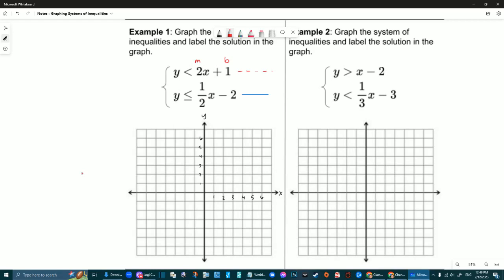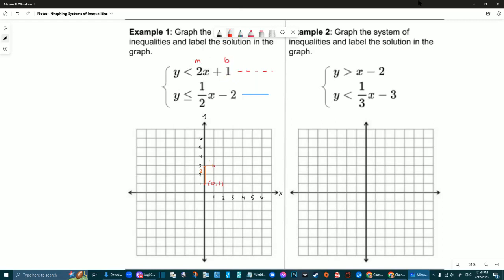So I want to start with a dot at positive 1 on the y-axis, and I'm going to label that 0, 1. Next, I'm going to use that slope to find my second point. So I'm going to go up 2, and then I'm going to go forward 1. So my second dot is right here.